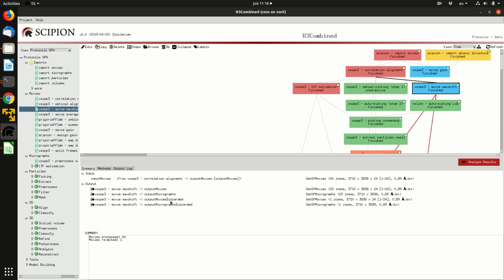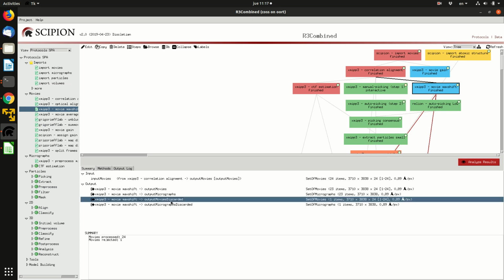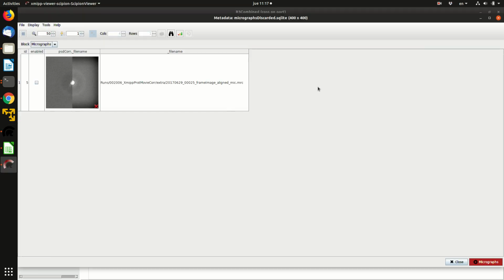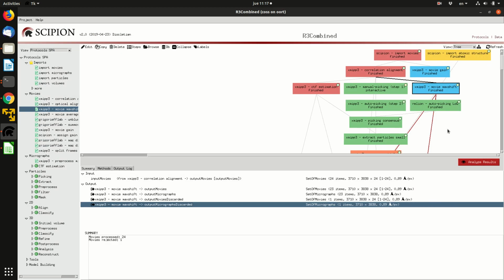The discarded are never deleted from the disk, so you can always go to the discarded and check why this movie has been discarded, and take a decision on whether I should use it still or not. And the criteria to discard are here.